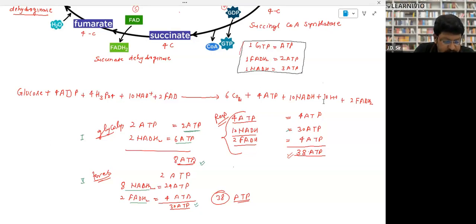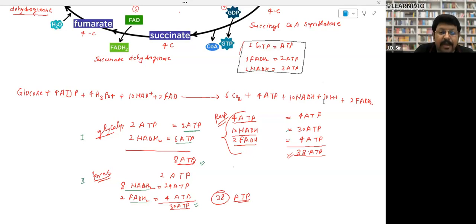The 2 pyruvate are completely degraded in the Krebs cycle to form 2 ATP, 8 NADH2 and 2 FADH2.